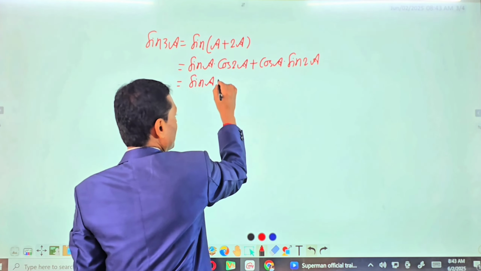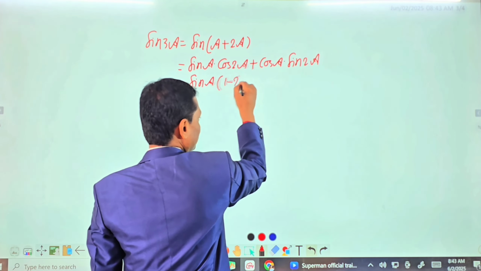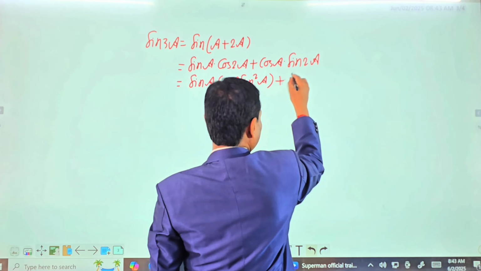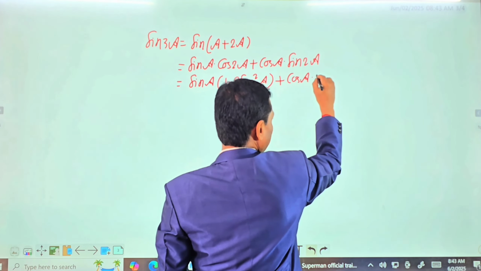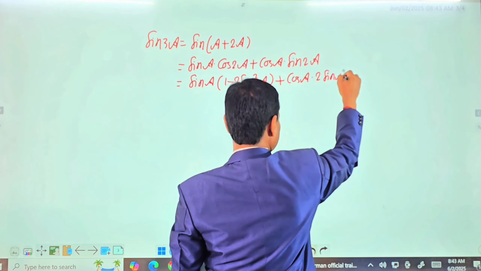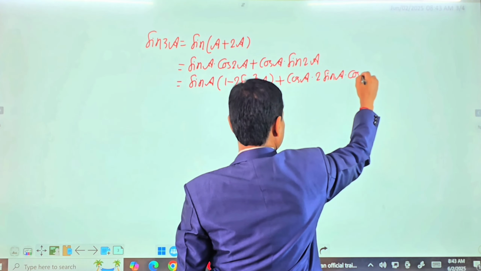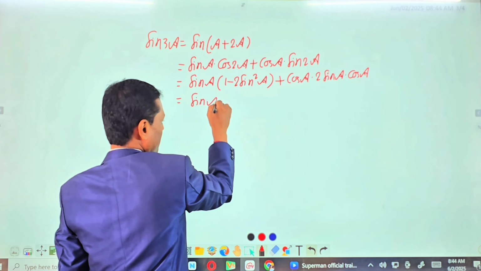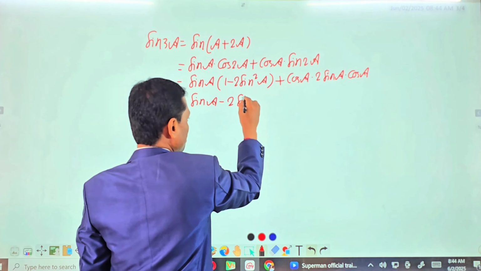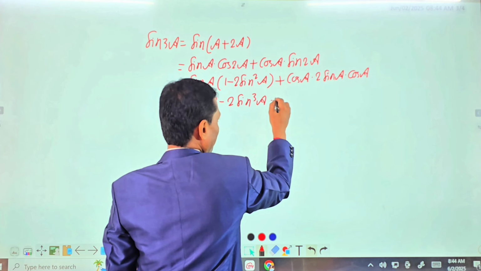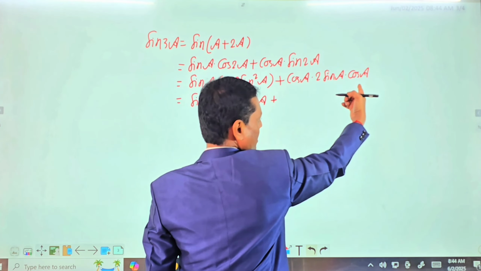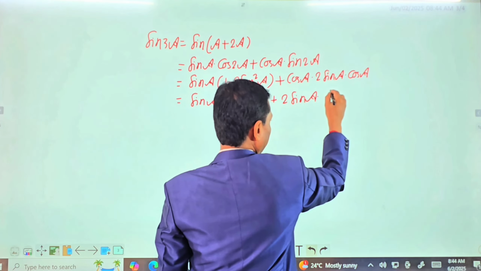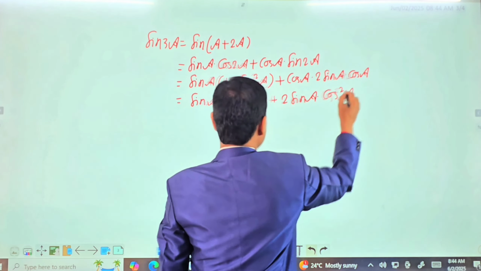So we can write cos 2A equals what now? 1 minus 2 sin square A. Next one, here we have cos A and sin 2A equals 2 sin A dot cos A. After that, it gives us sin A minus 2 sin cube A plus cos A dot cos A means cos square A, and we have here 2 sin A, then cos square A.